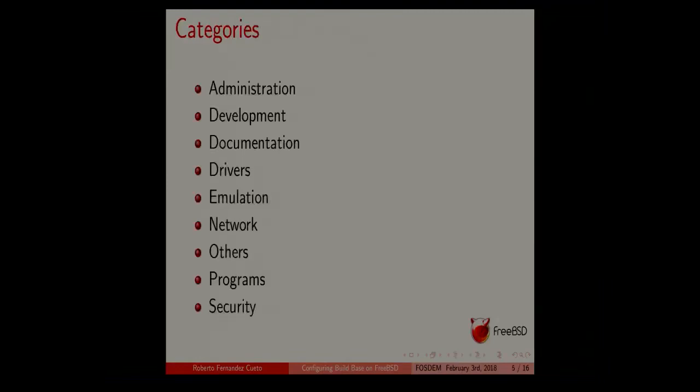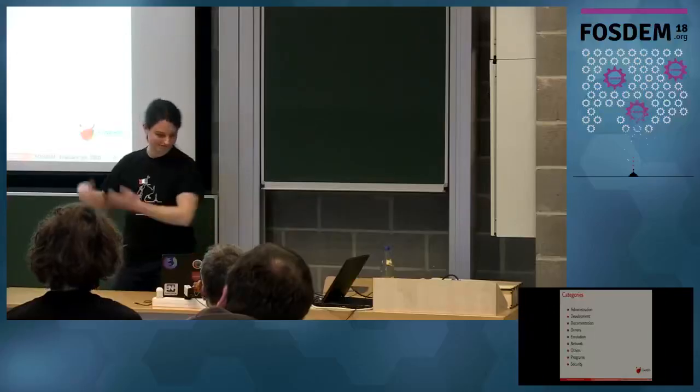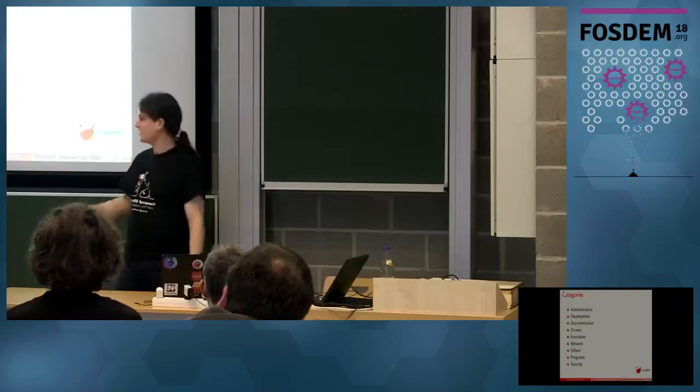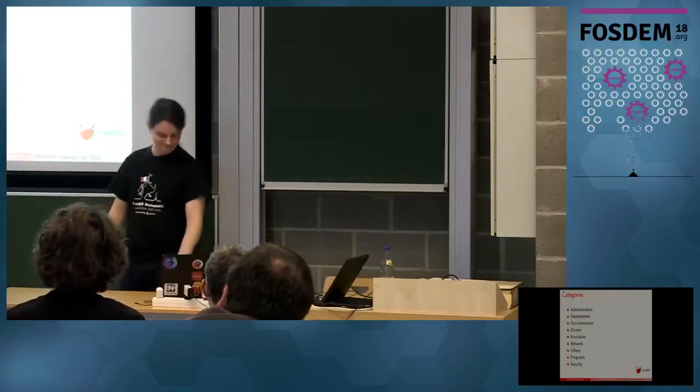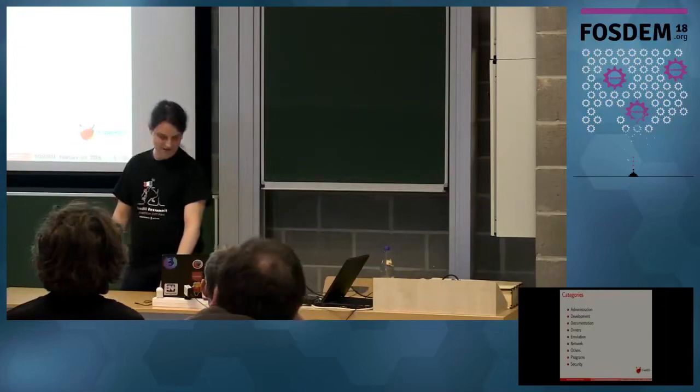So I came up with these categories: administration, development, documentation, drivers, emulation, networking, which is my favorite one, others, programs, and security. I didn't know where to put some of those, so others. So let's talk a little bit about them.